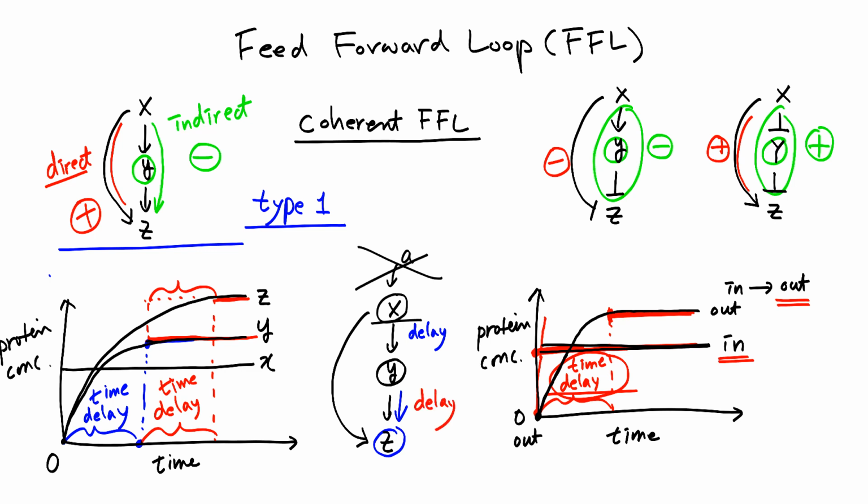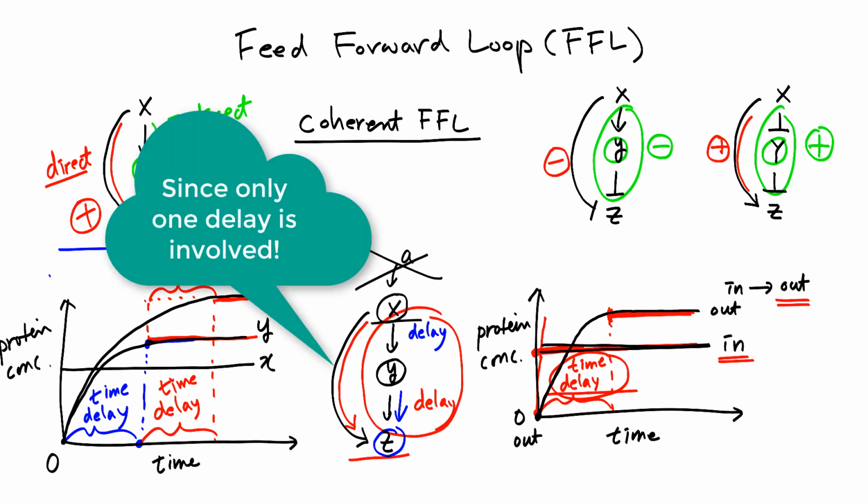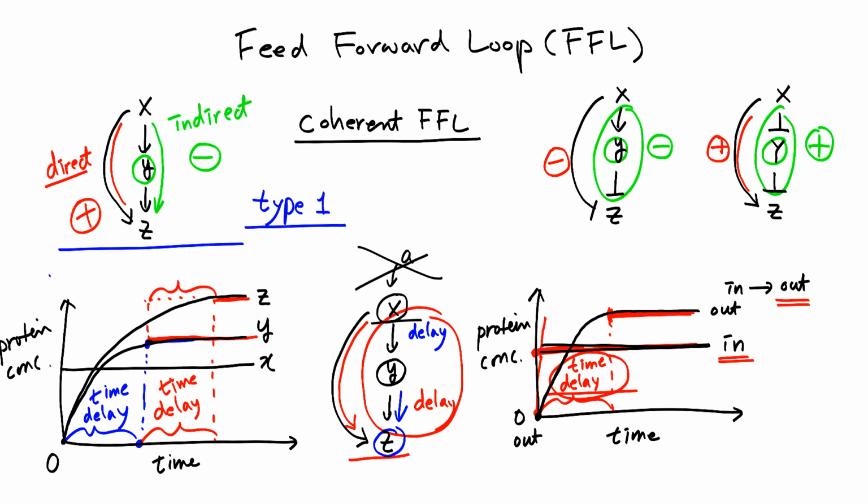So what does this mean? If X directly activates Z, and if there's no indirect path, X may quickly activate Z. Z may reach the steady state fast. But since now we have both direct and indirect paths, the final Z concentration, which is a steady state, is only achieved when both direct and indirect dynamics are complete.